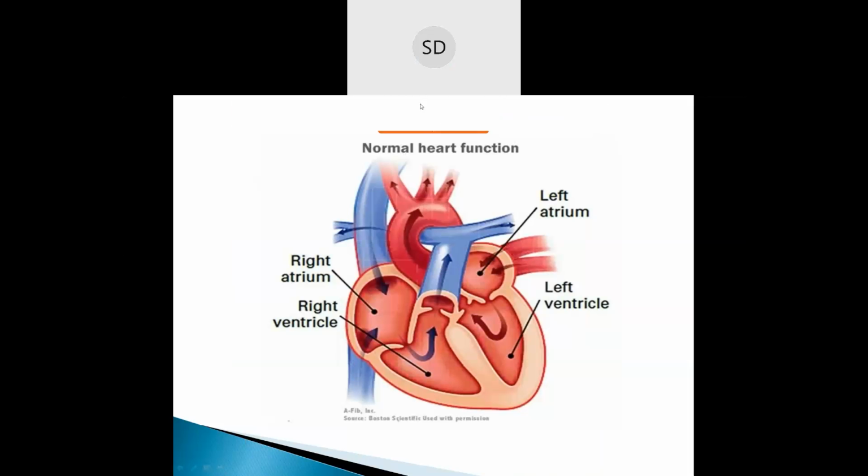The right side of the heart pumps blood to the lungs, and the pulmonary circulation. Wait, how comes pulmonary circulation? It's not like that.